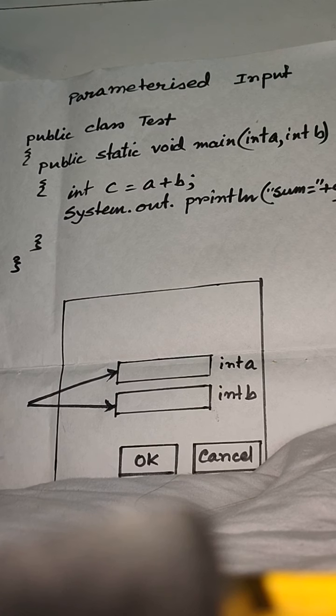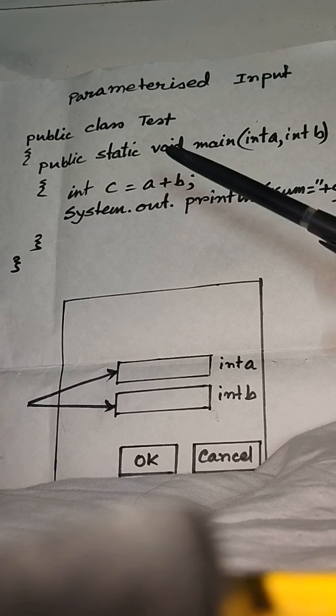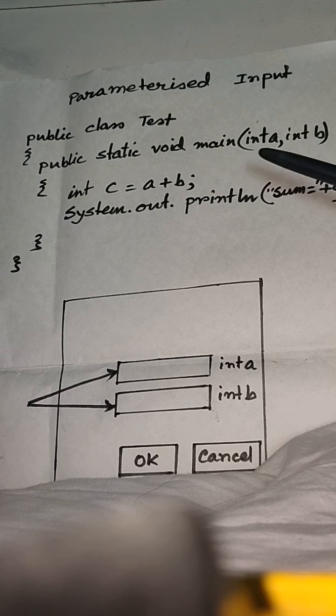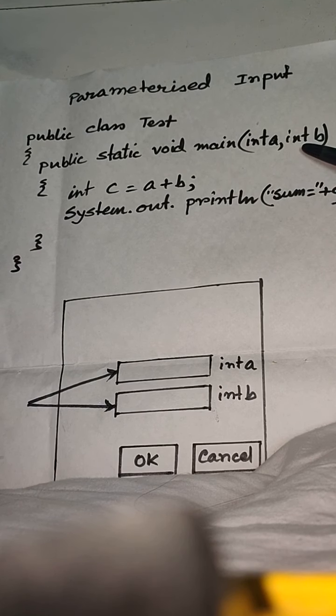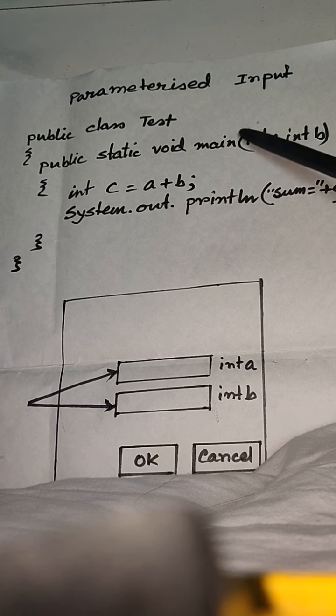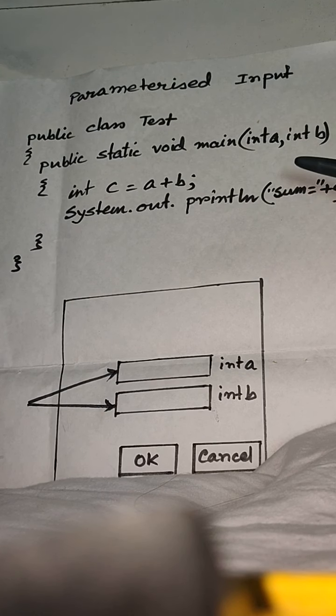Here is a program given, test, where we have taken int a and int b as the parameters of the main function. Now for these a and b, the input will be supplied by the user. How?